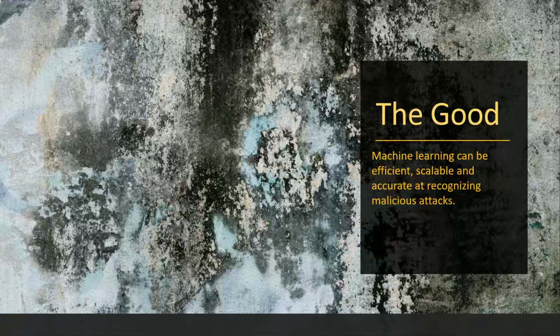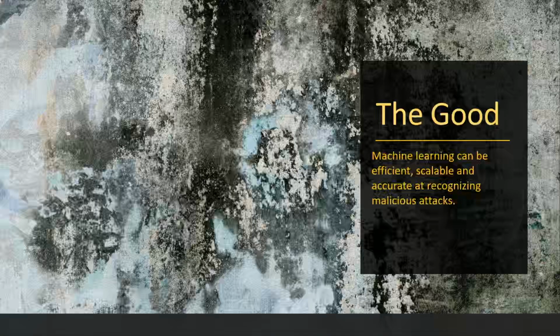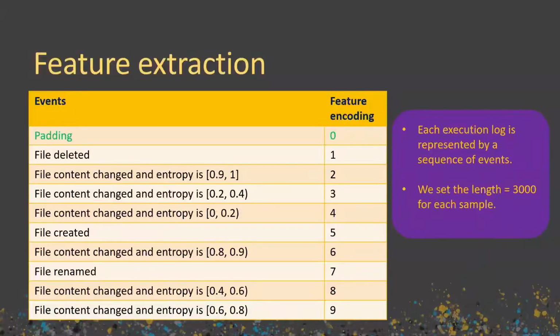So let's first examine the good part of machine learning at recognizing attacks. Ravi talked about what the event logs are like, and before we fit into the model, let's first do some feature engineering, feature extraction, and we try to bin the events in terms of the file I/O activities and also the entropy change, and then map that into categorical integer values.